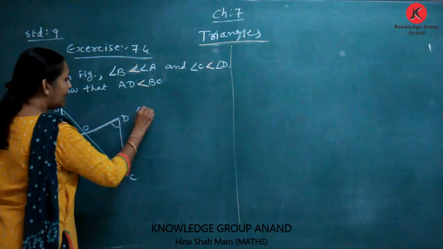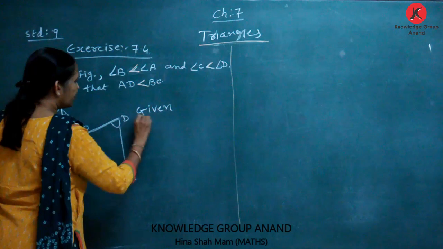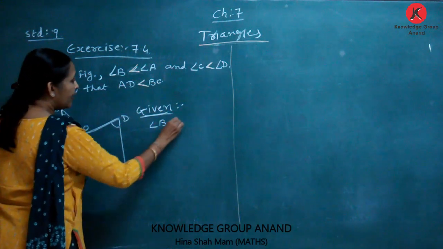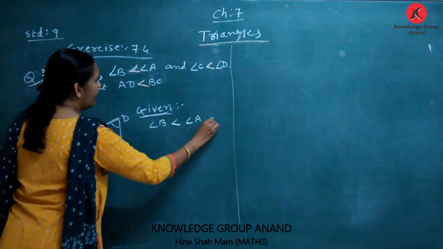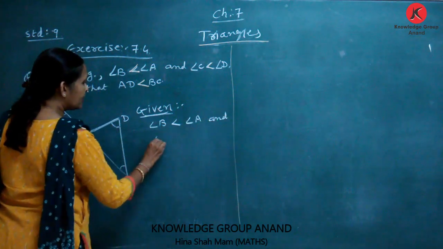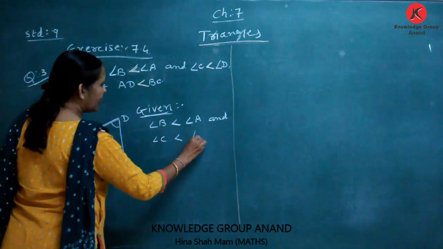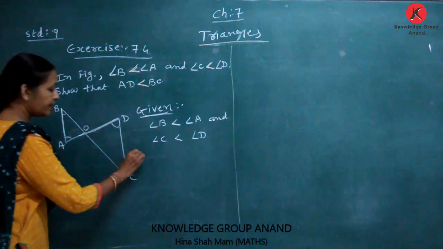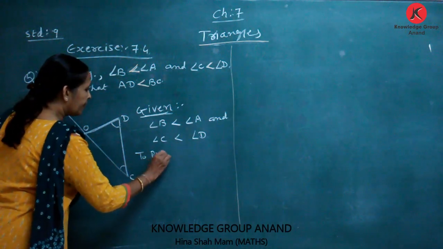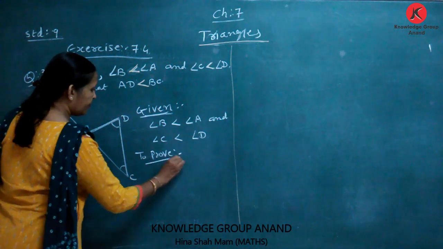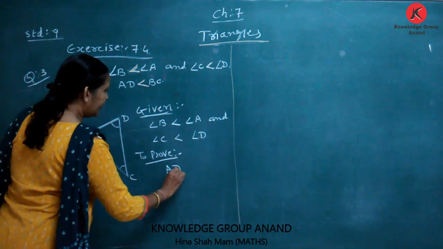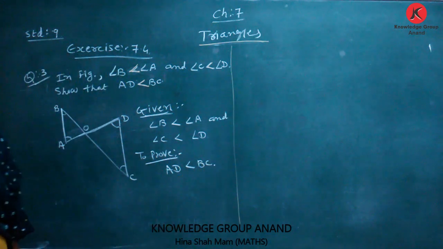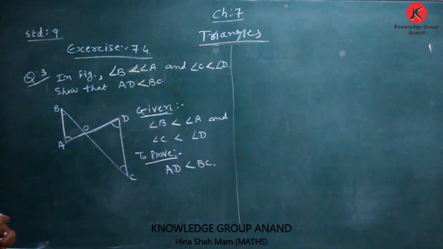In the given part, in this figure, angle B is less than angle A and angle C is less than angle D. To prove: AD less than BC.